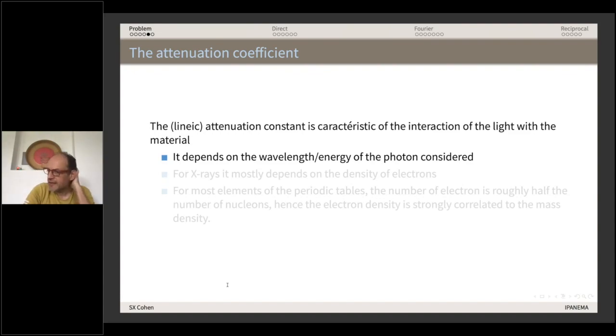Obviously, this attenuation depends on the wavelength, and I say obviously because we see that a given filter will not transmit the red, the blue, or the yellow in the same way in visible light. There are some materials which are completely transparent for certain wavelengths and totally opaque to other ones. For example, water is more or less transparent in visible light.